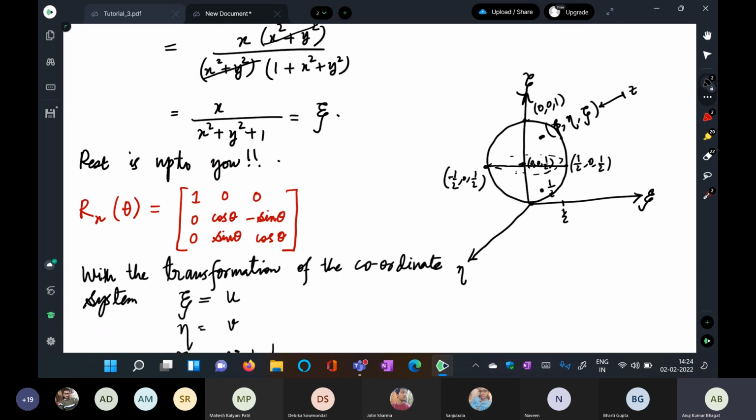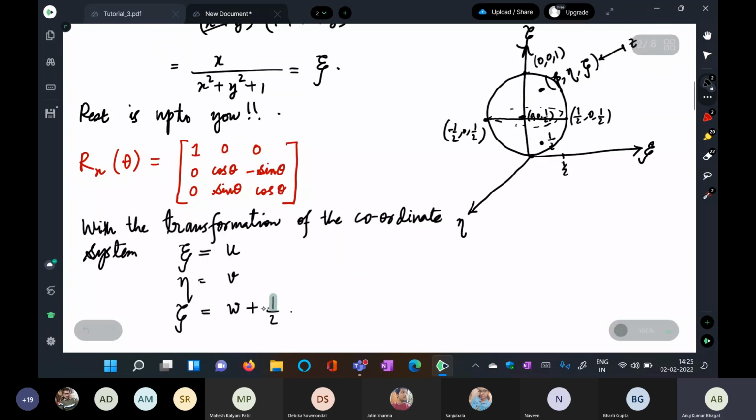This diameter will be parallel to the eta axis, right? Right, so this transformation is wrong. I have to take here half.